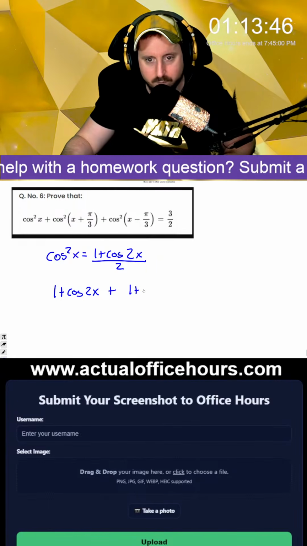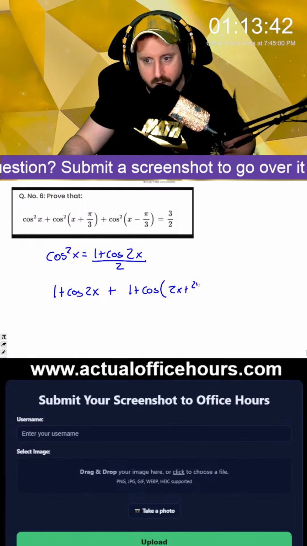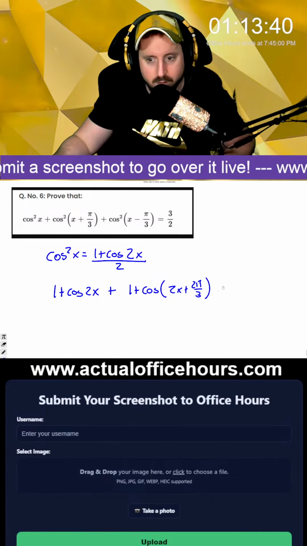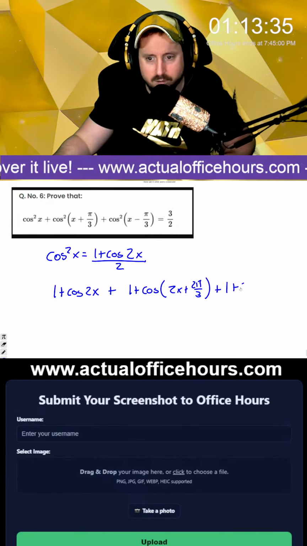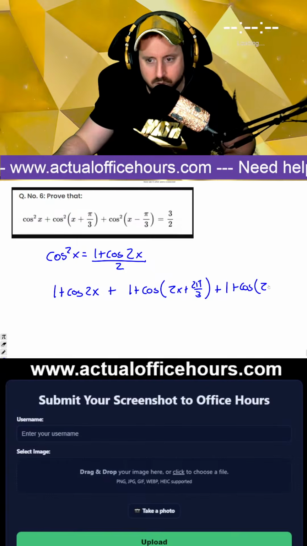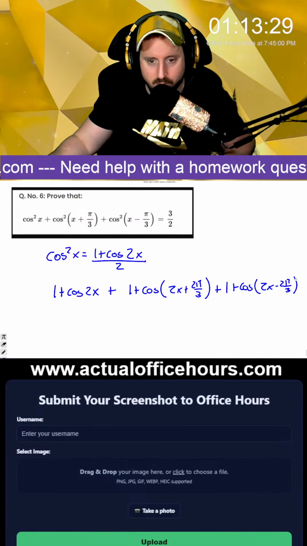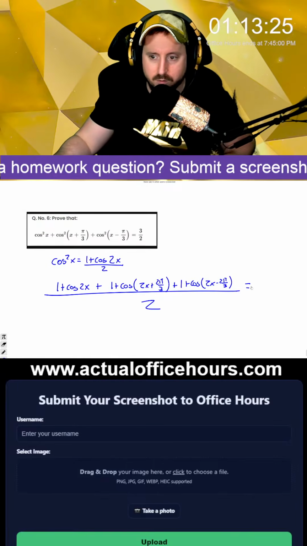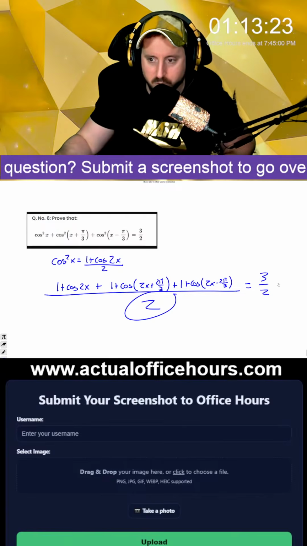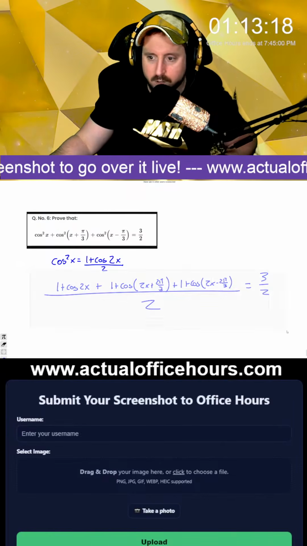Okay, so then this is 1 plus cosine of 2x plus 2 pi over 3, plus 1 plus cosine of 2x minus 2 pi over 3. And then this is all equal to 3 halves, but then I'm going to just multiply both sides by 2. So here, I can actually copy that.